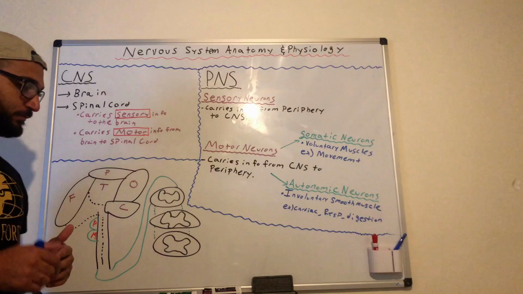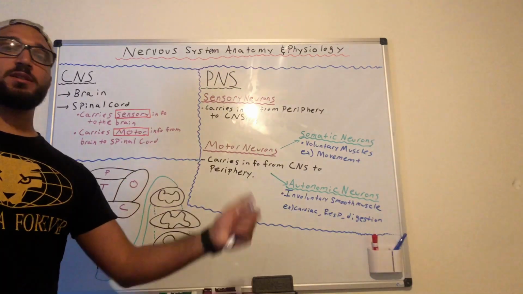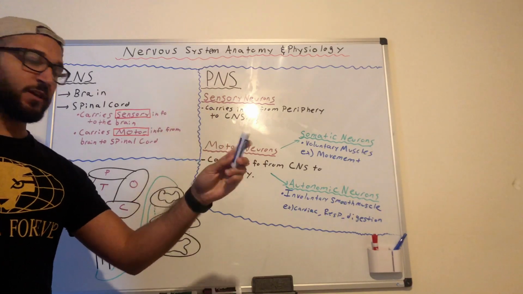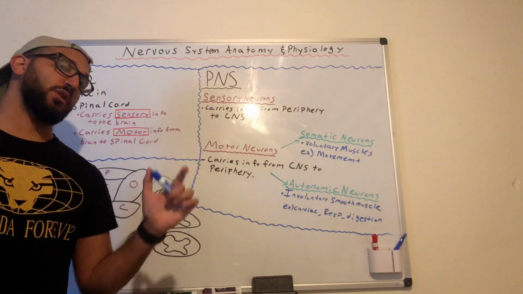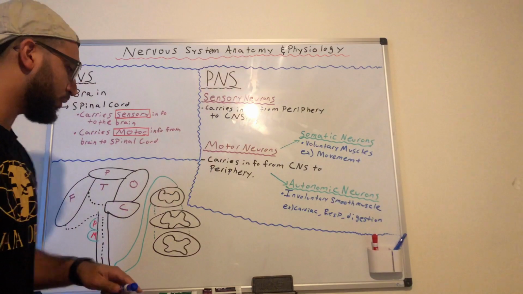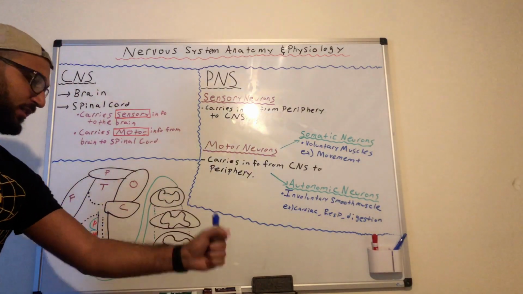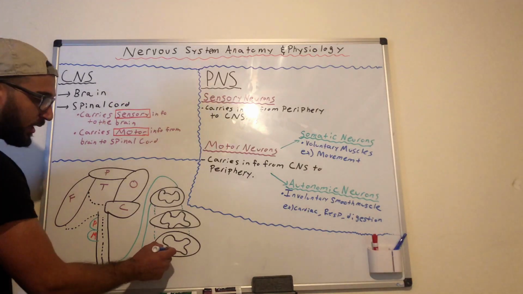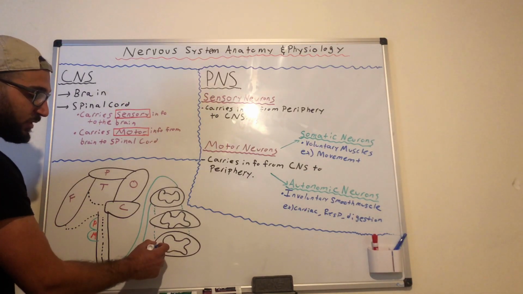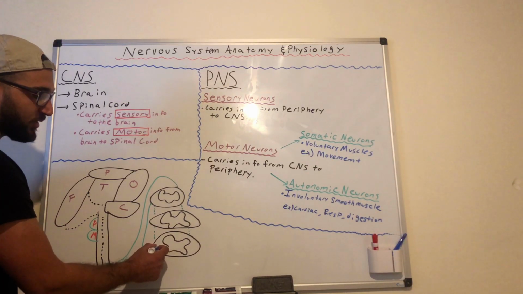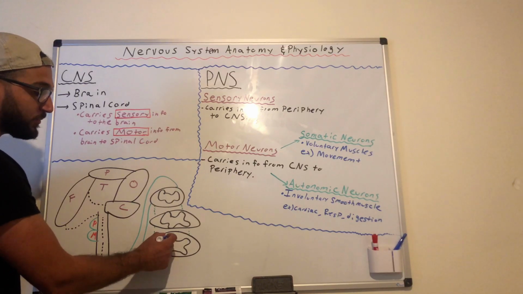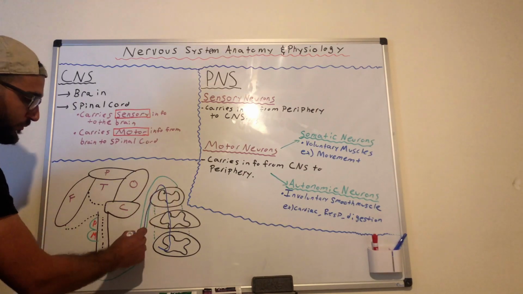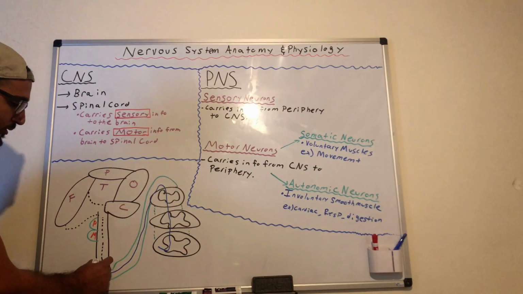So for example, I grab this marker right here. I'm touching it. I'm feeling it. How is this registering within my brain? Well, let me show you. I touched it, and the nerve impulse is going to be sent through the spinal cord columns, and then it's going to travel to the medulla.